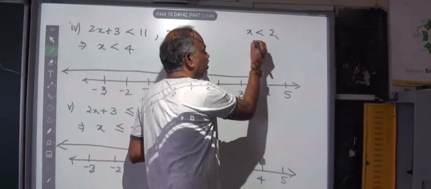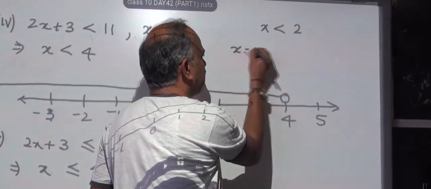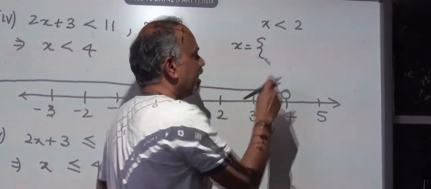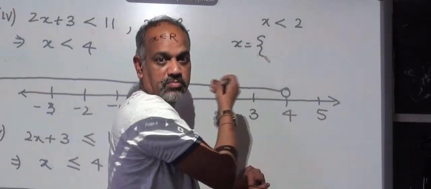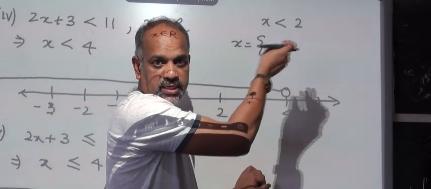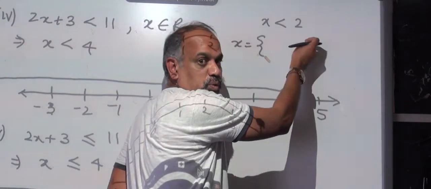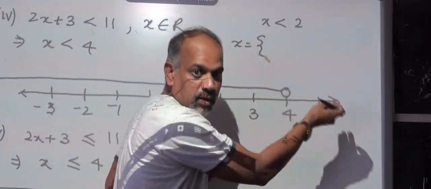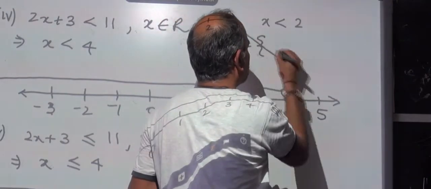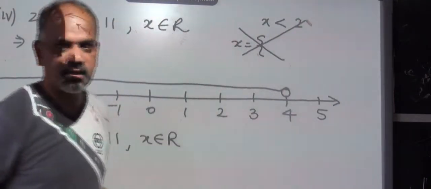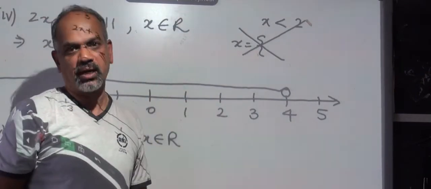I cannot write this as a set saying x is less than 2 means 1, 0, -1, -2, because there are all possible decimals between 2 and 1, and 1 and 0, and so on. So everything cannot be represented as a set. We do not represent this as a set, we represent this on a number line.